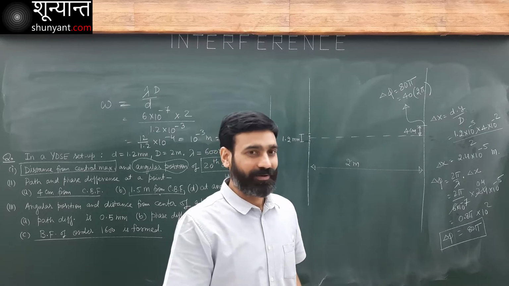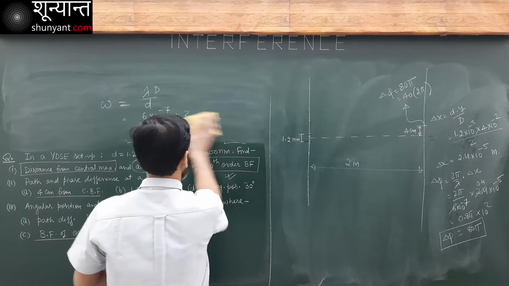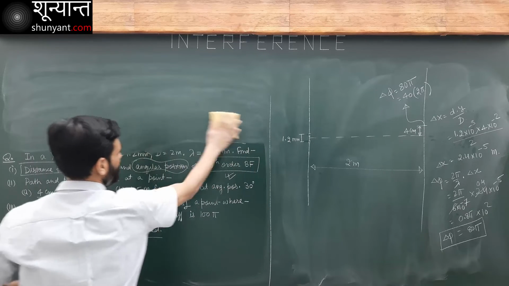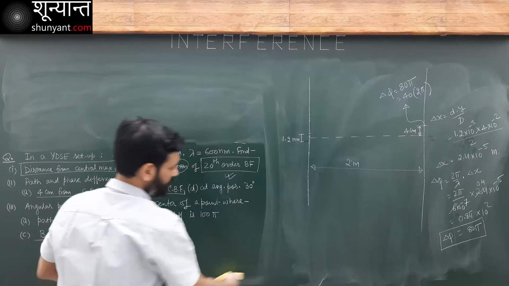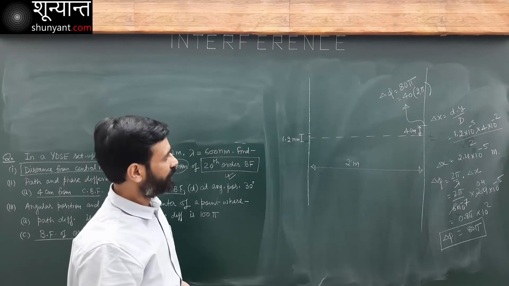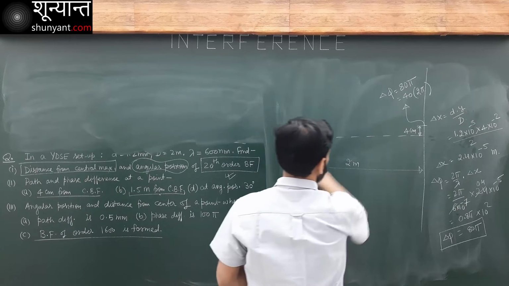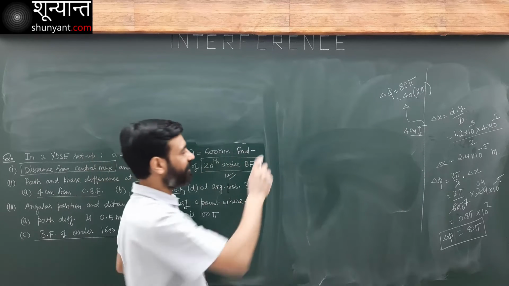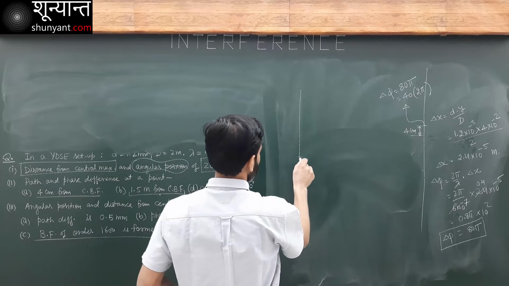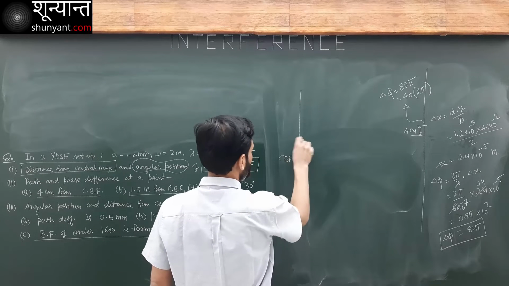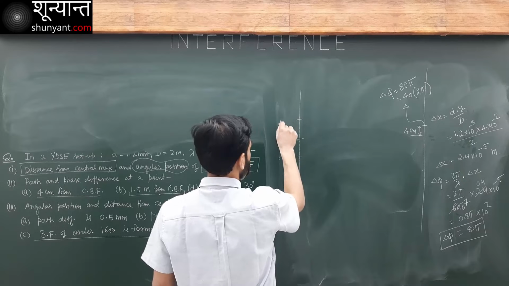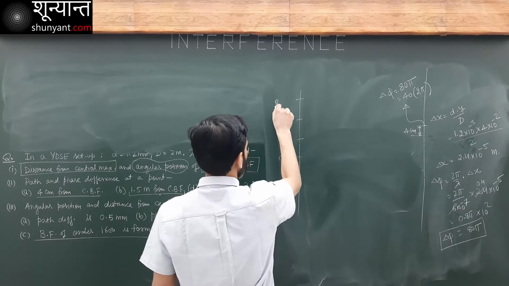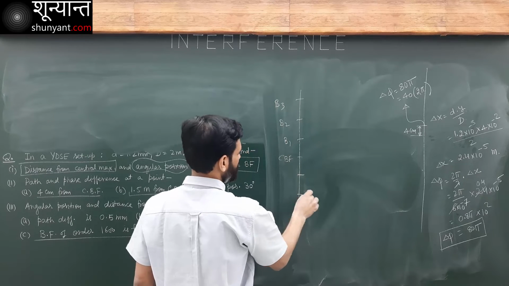Let's look at the phase differences for different bright fringes. It's like this. This is my central bright fringe. This is B1 here, this is B2 here, this is B3 here. Same thing on the other side.